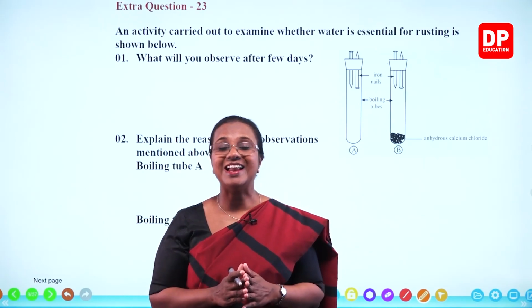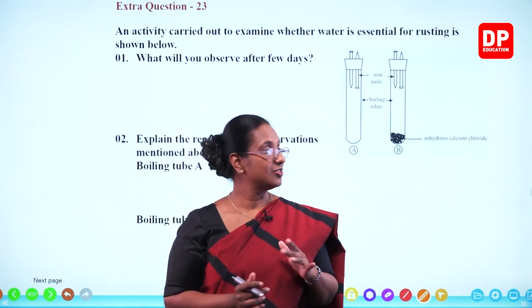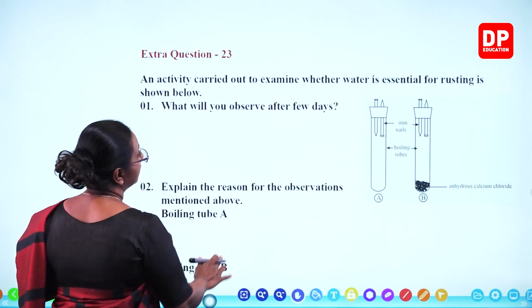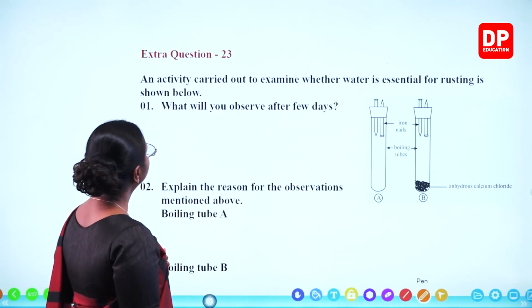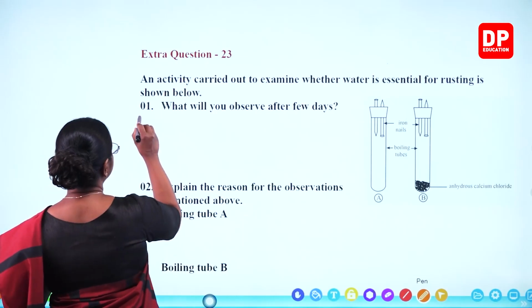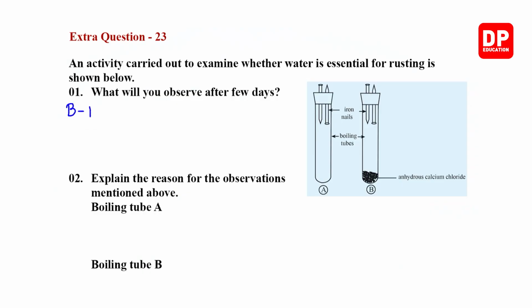I am sure you all can remember that activity, students. So then, let's answer the questions here. So, what will you observe after few days? So, in B, part of the nails inside the tube do not rust.